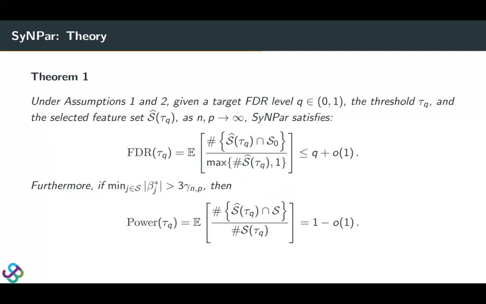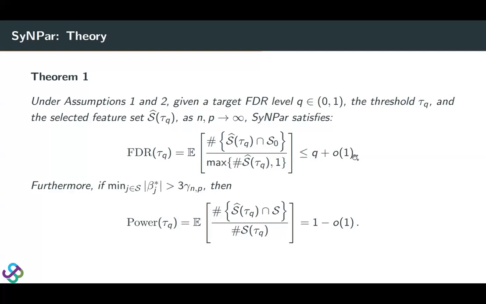With that, we can have the theoretical result of asymptotic FDR control. That is, using our procedure and satisfying the two assumptions, one about the existence of the correction factor and one about weak dependence, given the way we define the threshold and select features, as our sample size and feature number both go to infinity, we have the FDR less than or equal to Q plus a shrinking constant.